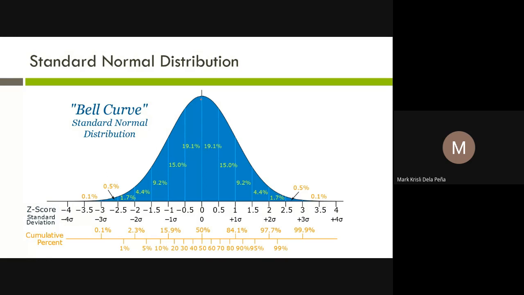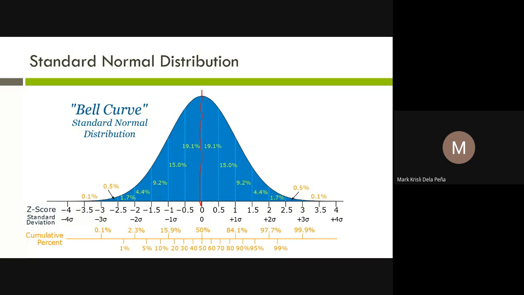Now we know that based on the mean, if this is our mean, the left side is symmetric to the other side. And if we recall our properties of a normal curve, the total area is equal to 1, which means half of which is 0.5, the other half is 0.5.